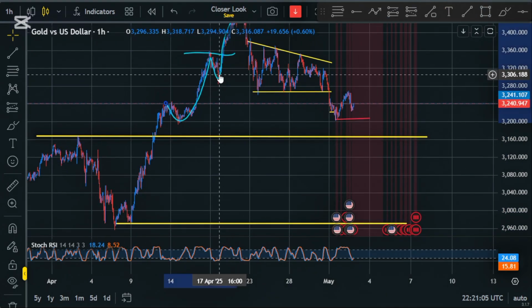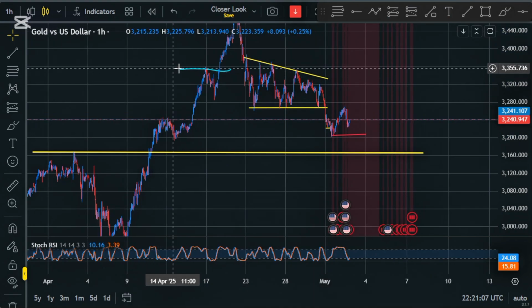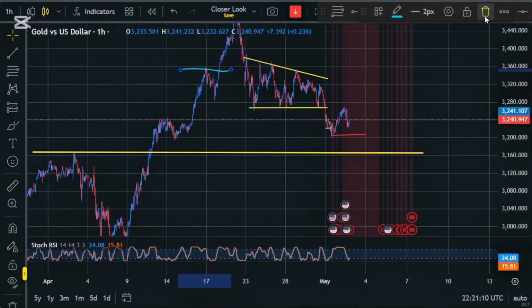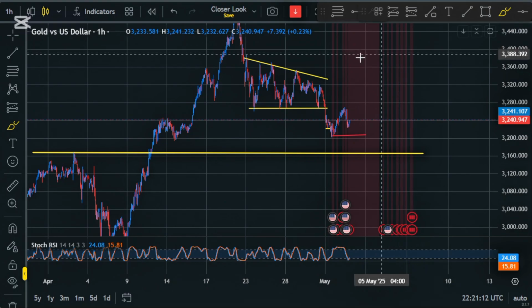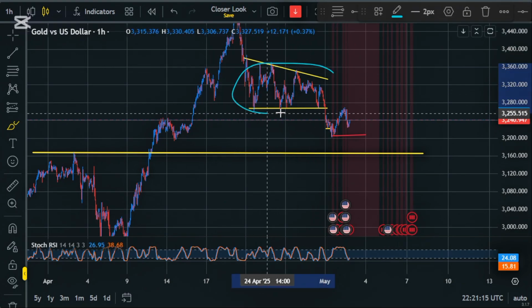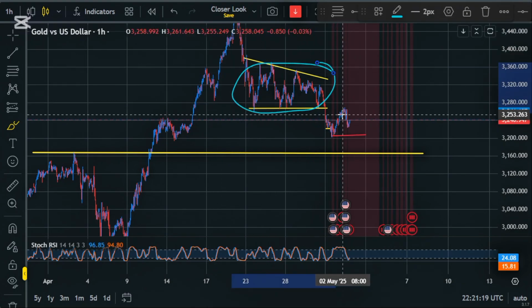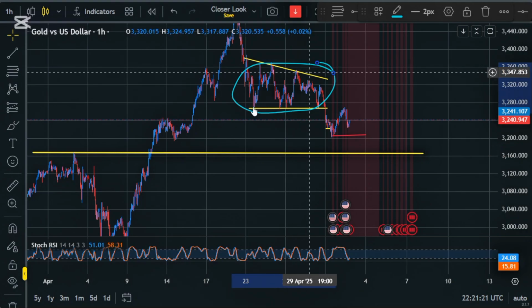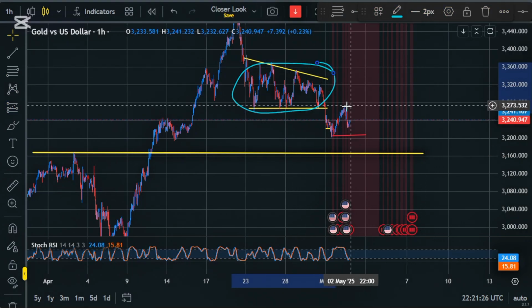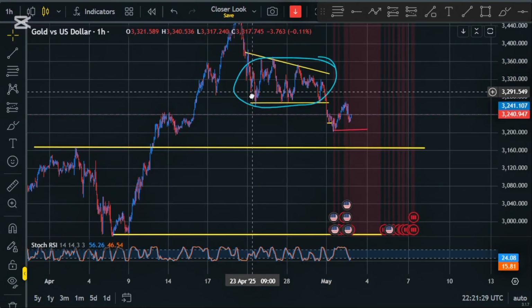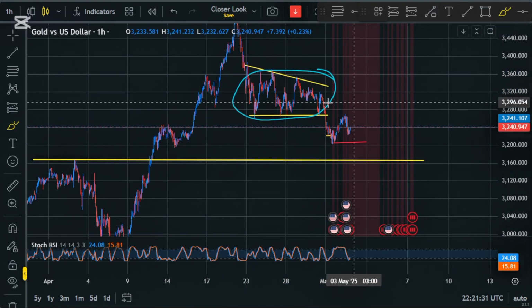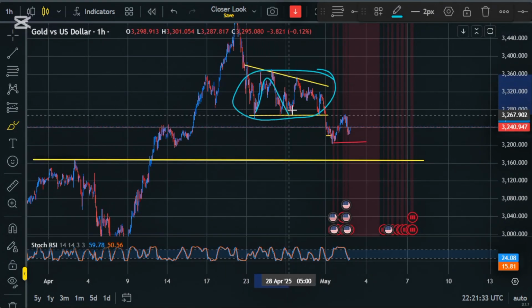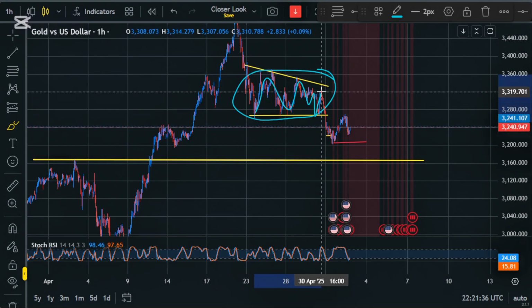If you watch closely around this region, the market created a very strong range here. And of course, when the market is creating a range like this, you should expect a very strong liquidity sweep.